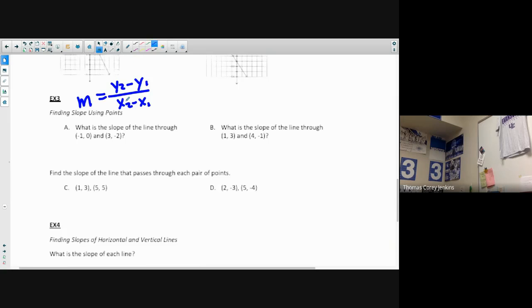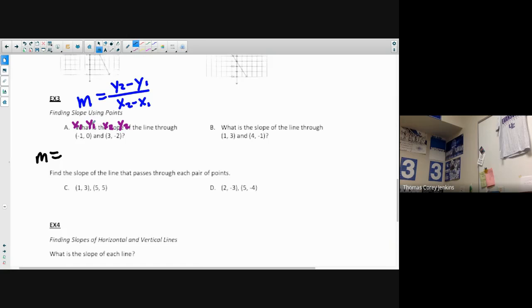All right, so I'll show this just the old school way, and I'll show you another way to organize it that you might want to use. So if we're just talking about our points, I'm going to go ahead and label them. My first ones I'm going to call my ones. So this first -1 is my x1, then the 0 is my y1. So 3 would be my x2, and -2 would be my y2. All right, so subbing into my formula I just showed you, y2 minus y1.